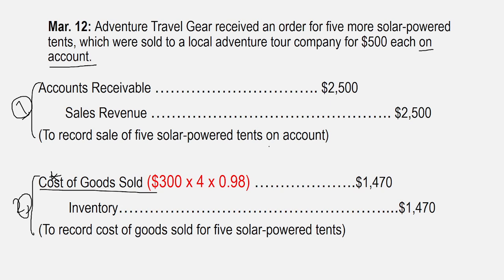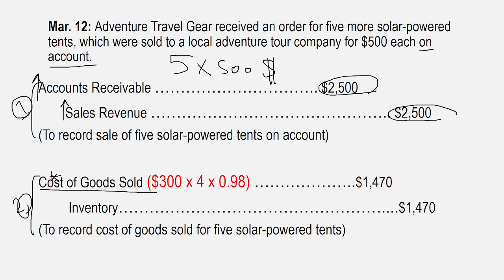As you can see, the amount of accounts receivable is increased by 2,500, which is the number of units sold multiplied by the price of each unit, $500. An increase in accounts receivable is an increase in assets and is considered a debit. Also, sales revenue takes place. An increase in revenue is considered a credit, unlike costs and expenses.